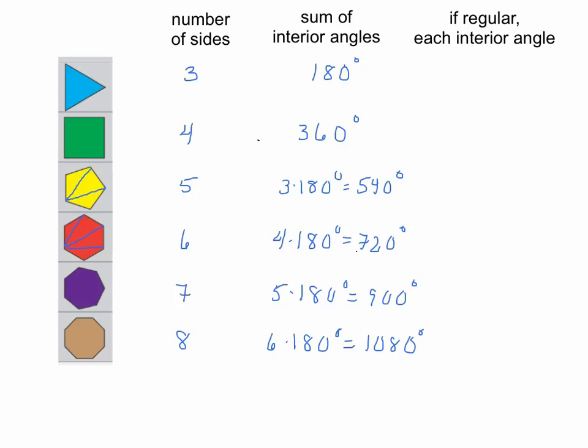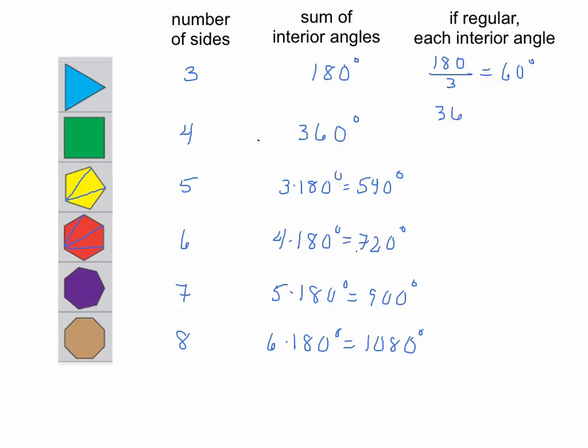In the final column, let's see if we can get the measure of each interior angle. And because all the angles in this triangle are the same, and there are 3 of them, then we can simply take our 180 degrees and divide by 3 and get 60 degrees. And in our next picture we have 4 angles, and they add up to 360 altogether.